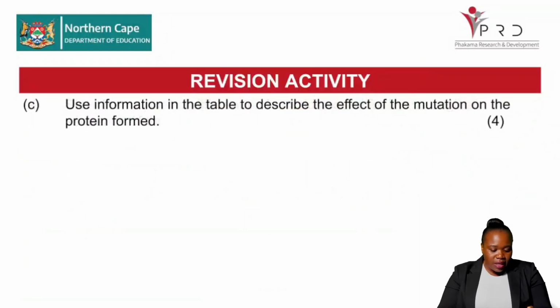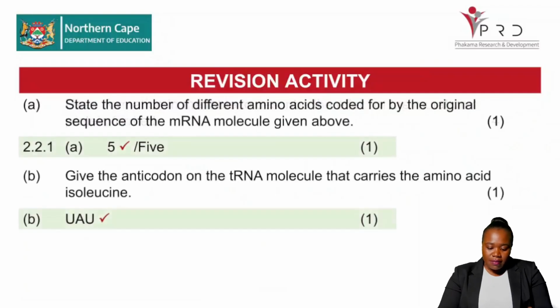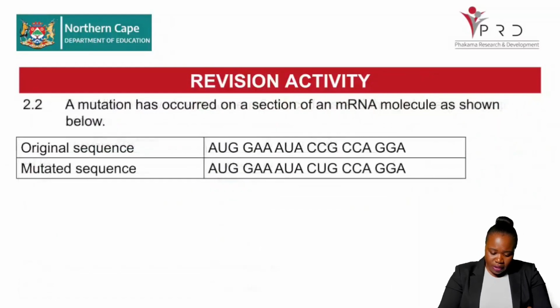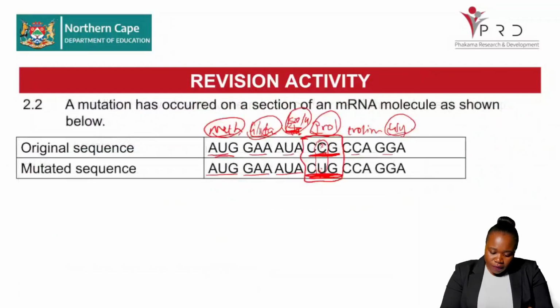And then next, use the information in the table to describe the effect of the mutation on the protein formed. Right. Remember, there is a mutation. What is the mutation? Let's have a look again. Instead of CCG, we have CUG. Now, if we have CUG instead of CCG, what difference does it now make?